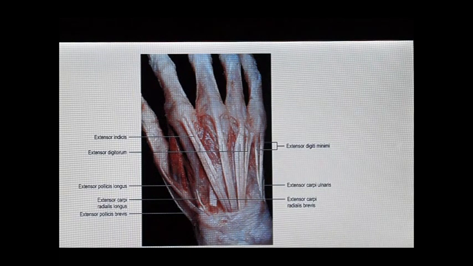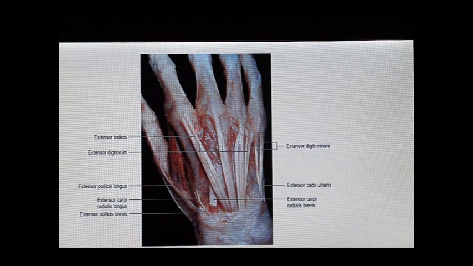In this we can see the dorsal digital expansion and also the tendons on the extensor side or dorsum of the hand, extensor digiti minimi onto the little finger, along with the tendon extensor carpi ulnaris, and we can see the extensor digitorum tendon which is going to the index finger.